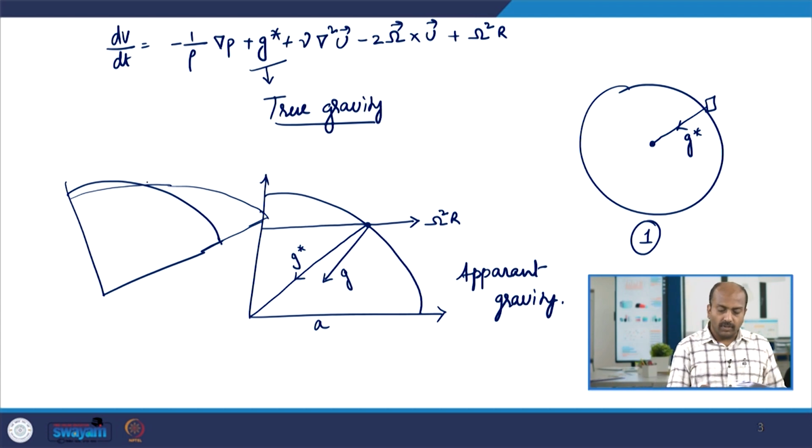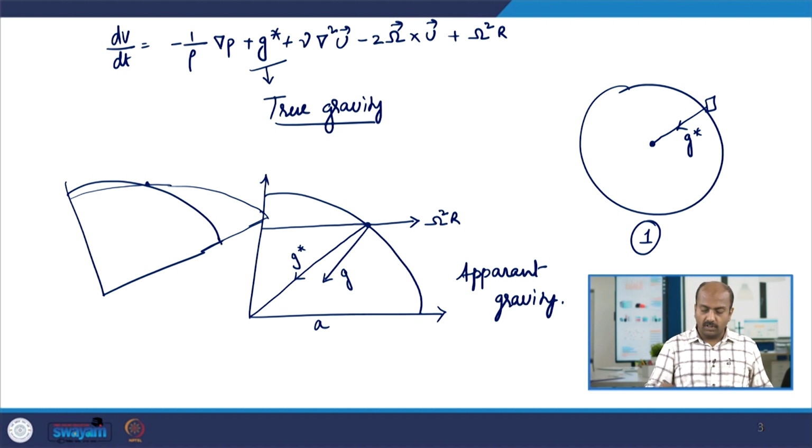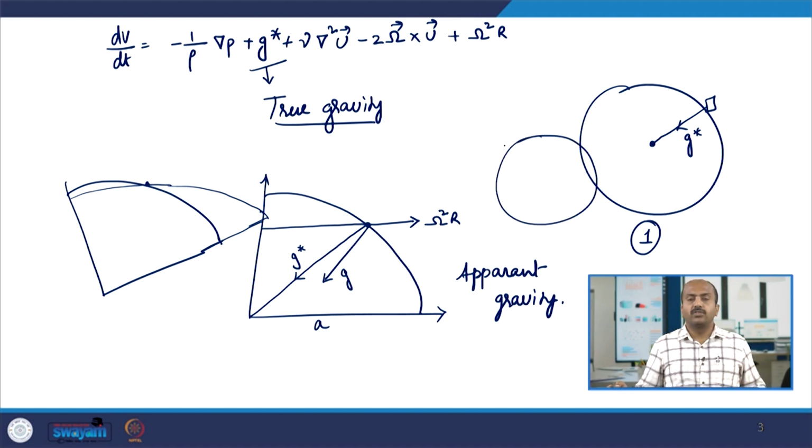Because of this force, which is constantly acting away from the center, all the mass of the earth existing at higher latitudes experiences a force slightly away from the center of mass. Over time, this force has continuously been pulling the mass towards the equator. So, we now see the earth not as a perfect sphere, rather in a bulged shape, with the equatorial radius being slightly larger than the radius at the poles, right.